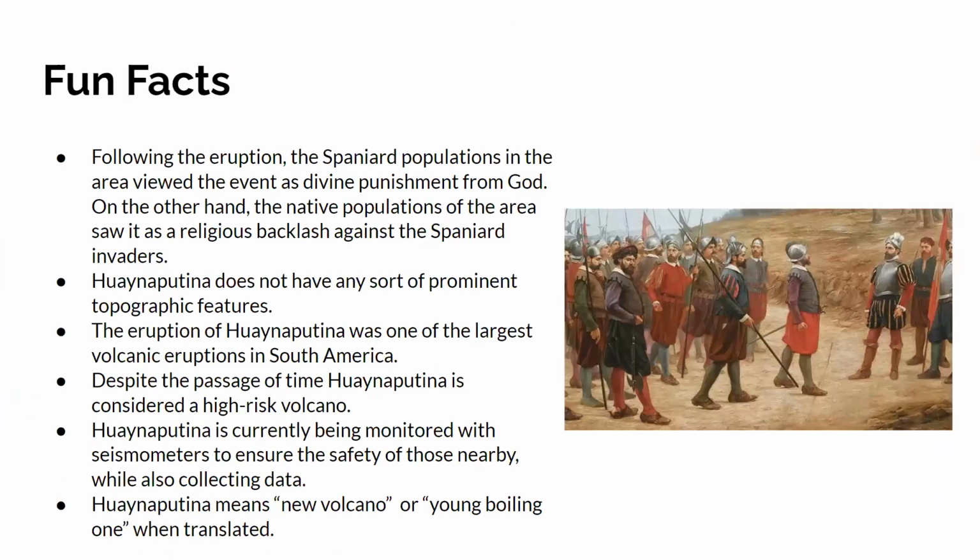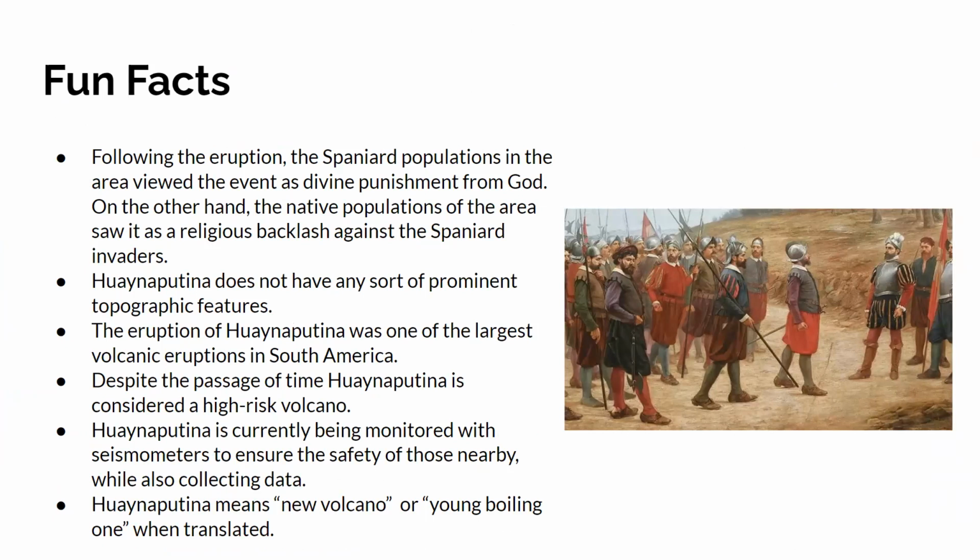Now some fun facts to round everything out. Following the eruption, the Spanish population in the area viewed the event as some sort of divine punishment from God. And on the other hand, the native population saw it as religious backlash against the invading Spanish colonizers. Huaynaputina does not have any sort of prominent topographic features following the explosion.